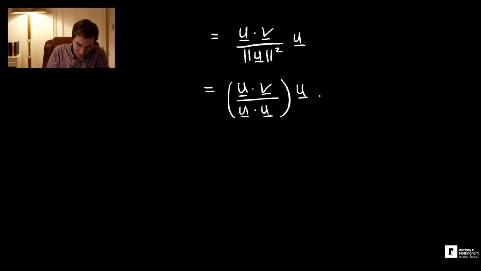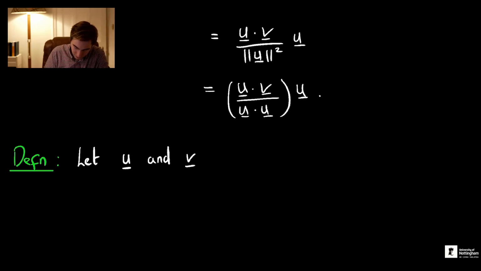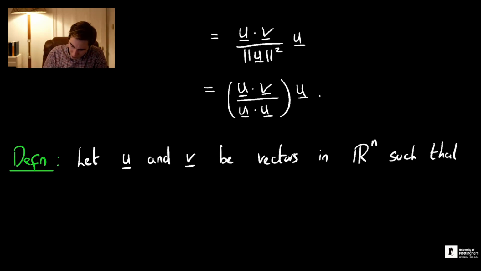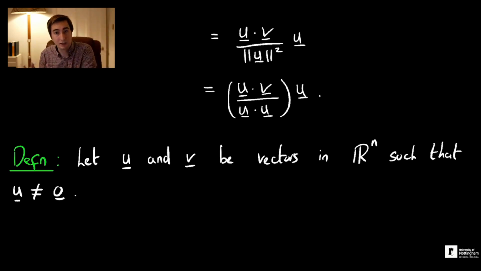Let's write that explicitly. We want to let u and v be vectors in Rn, and we also want the condition that u is non-zero, because there is going to be no component of v in the direction of the zero vector, because the zero vector is just simply a point.